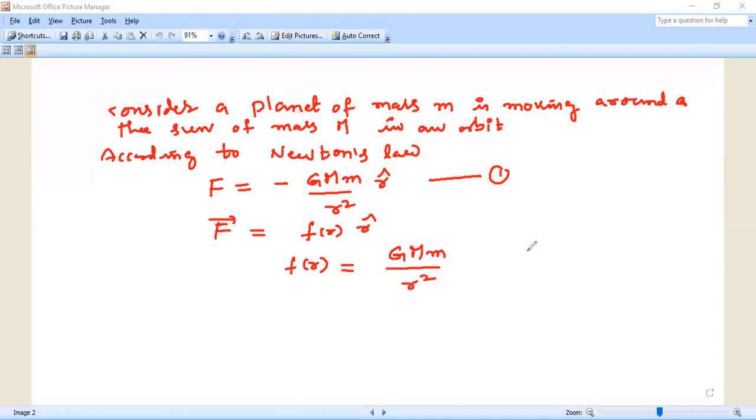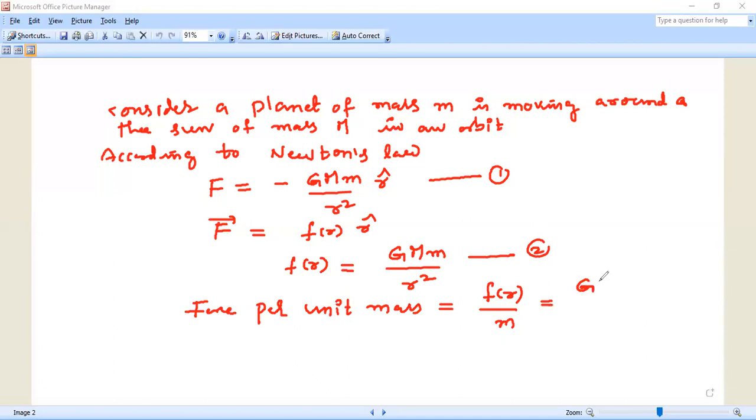This is equation 2. So from this, force per unit mass acting on the planet is F of r by small m, equal to G capital M by r square.